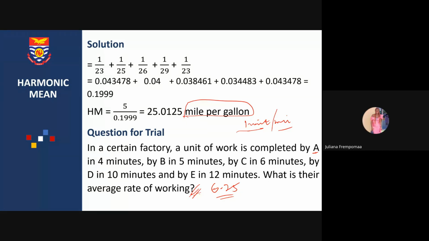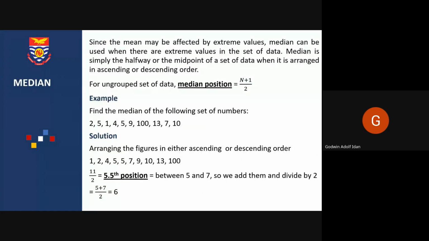Yes, sir. Okay, so we can close the chapter on the mean and then move to the median. Now, as I explained earlier, for the median we are looking at the middle value.